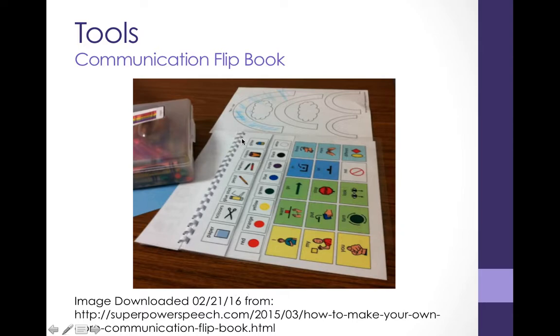This is that coil binding that I was just talking about. And what this person has done is taken a laminated card and added a little extra set of vocabulary to the top. You can see this is the size of it right here. So there's multiple pages, and depending on what the activity is, the person would flip this to a new page.